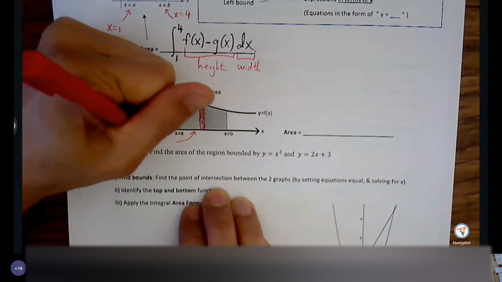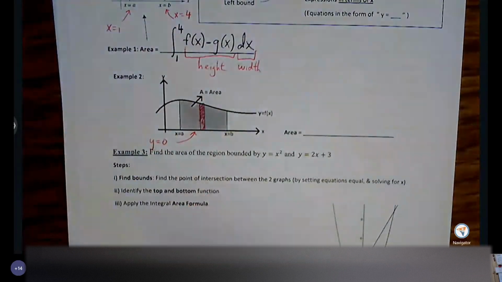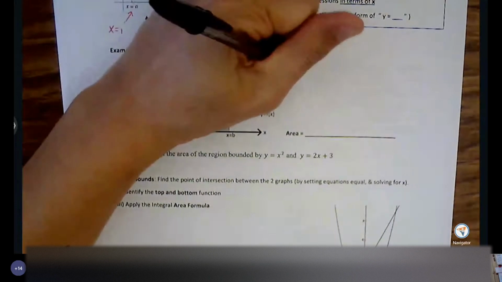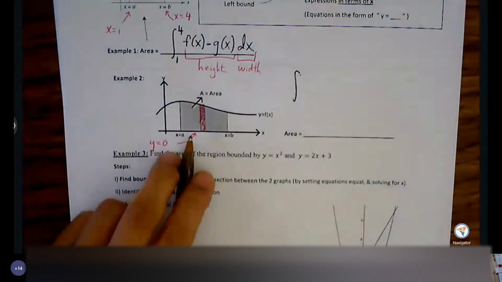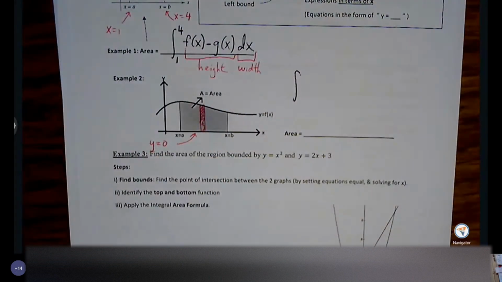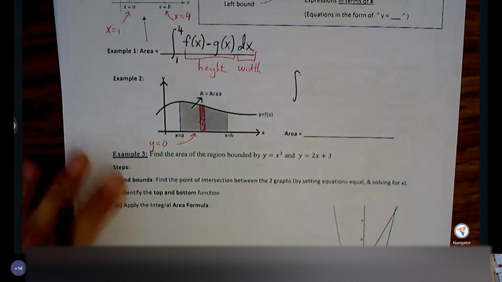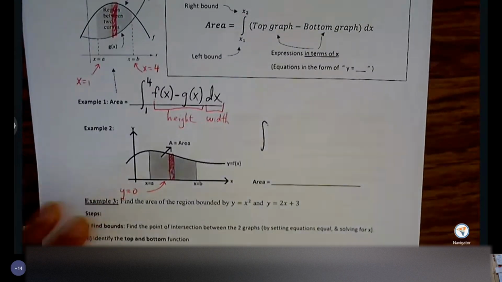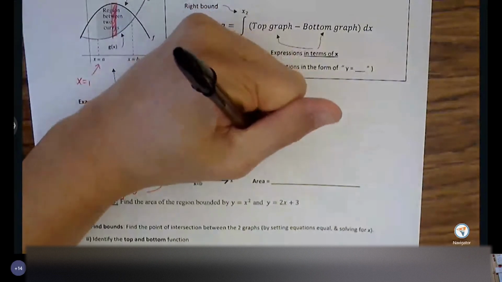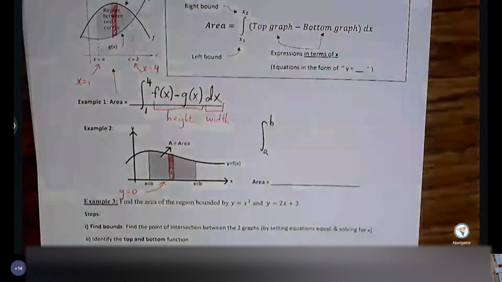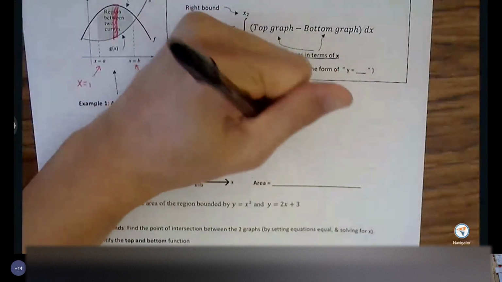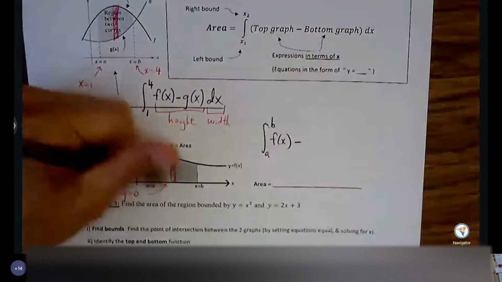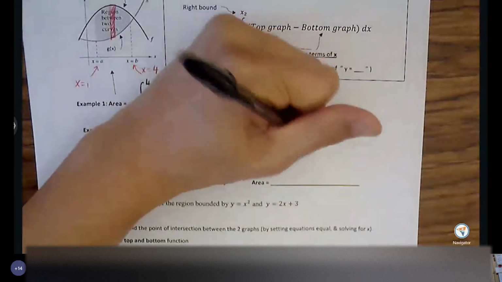So we always ignore that y equals 0 because it's always the same thing and it always just disappears from view. But I just want to show that even with a definite integral notation we've seen in the past, it technically is a top minus bottom. We just haven't been talking about it until now. But if I want to set this up, I can technically think of it as integral from a to b, top function being f of x, minus the bottom function, which is 0.